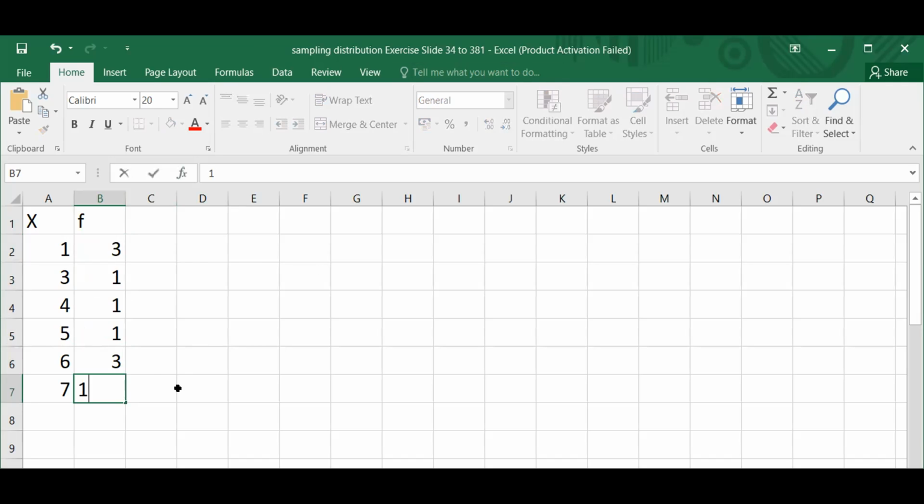So by these frequencies, we can clearly see that the population is neither symmetrical nor bell-shaped. So we can take the decision using the theorem. If the population is not normal and the sample size is small, we cannot say anything about the shape of the sampling distribution of mean.